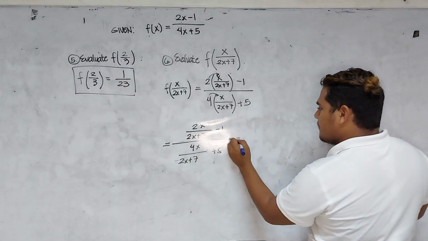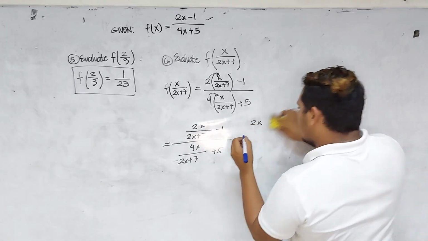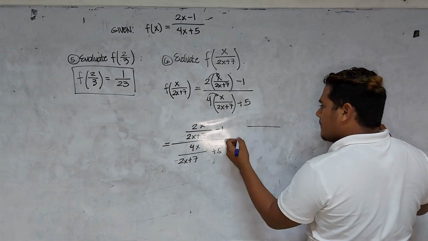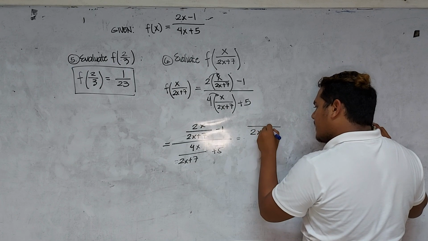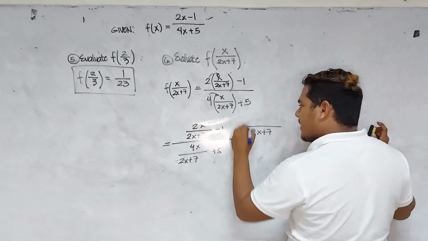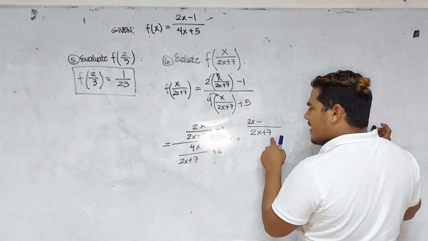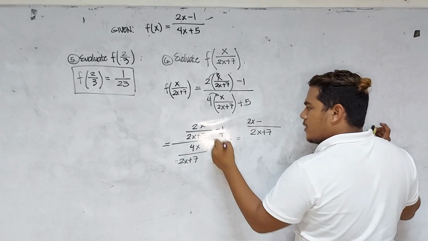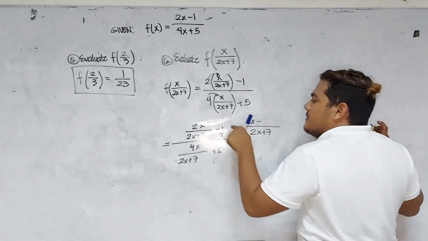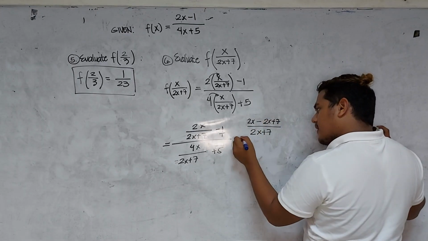So this will become 2x plus 7 divided by 2x plus 7, 1 times 2x, copy 2x. Copy the negative sign. 2x plus 7 divided by imaginary 1, 2x plus 7 times negative 1. The answer is negative 2x minus 7.